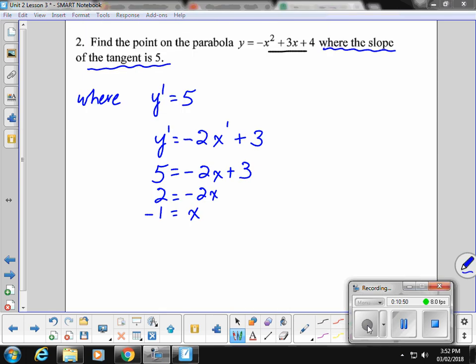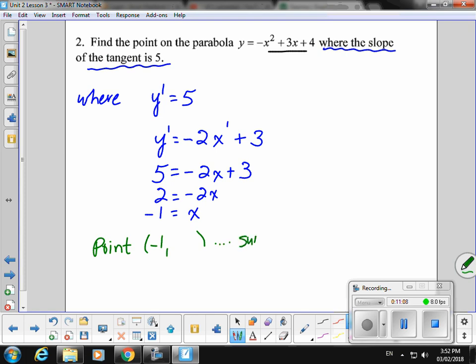Just to quickly finish that question off, it asks us where the point is. We saw it. It's -1, 0. But just to be sure of that, if I want to find the point, I want the point -1 something by substituting x equals -1 into the original function.